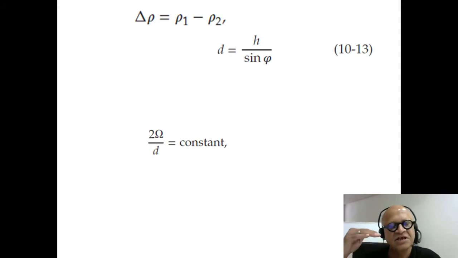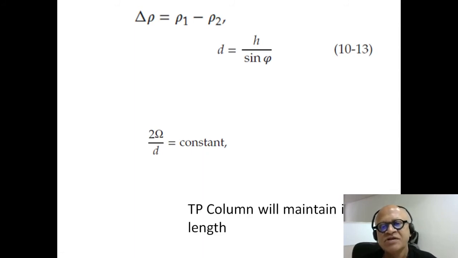Let's say it's the layer below the mid-ocean ridge in the Atlantic. Okay, that's h divided by sine phi at any latitude phi. 2 omega over d is constant because omega is constant and d has to remain constant for the Taylor-Proudman theorem to be valid.